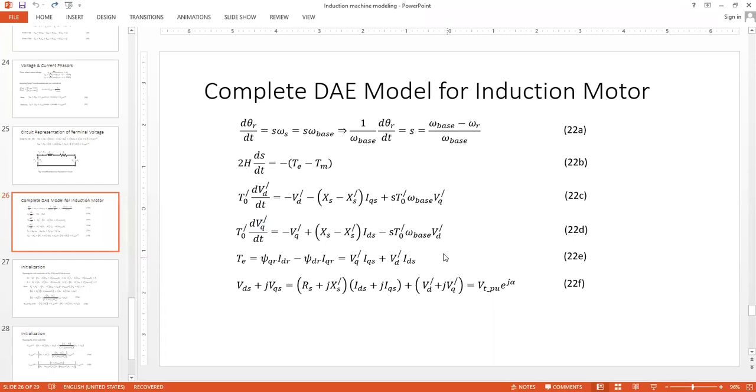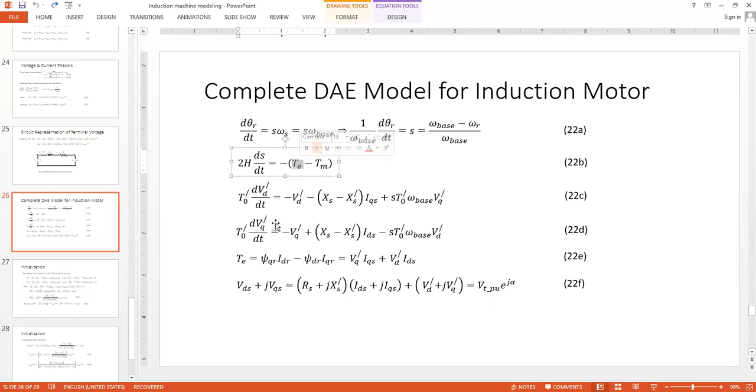And then we have the expression for Te. This Te is nothing but this psi qr idr minus psi dr iqr. This is one way to represent the electric torque, or you can also write it like Vqiq plus Vdid. This is another way you can write it. The same result you will get. So that means either you write in terms of purely some rotor quantities or purely some stator quantities.